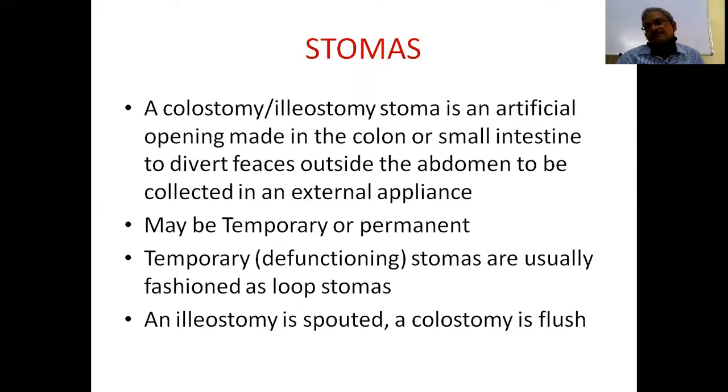That means a part of the small bowel, the ileum, is taken out and opened, and we create at least a 2 to 4 centimeter margin of the bowel that must be outside the skin, and we fold it and suture it so that it acts as a spout.